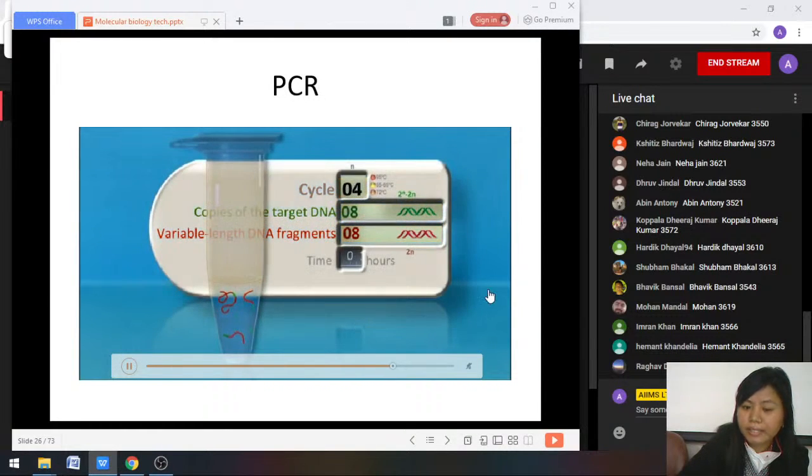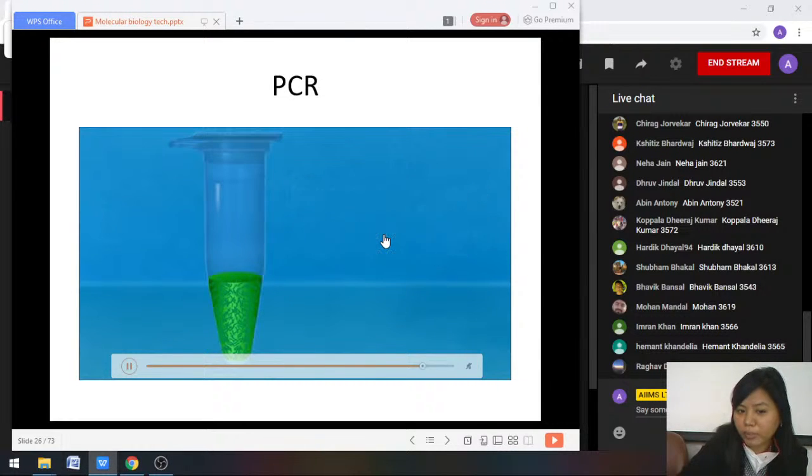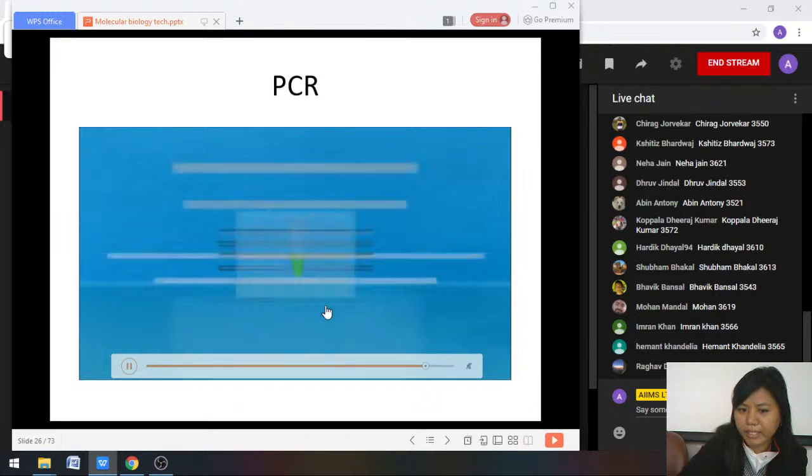So this is sort of an exponential growth that we are seeing here in PCR. These cycles will take a certain time as it's being set. As we earlier talked about, we generally go for 25 to 45 cycles. So from one single DNA, at the end of 4 hours, you actually get these many copies of your amplified DNA, right?